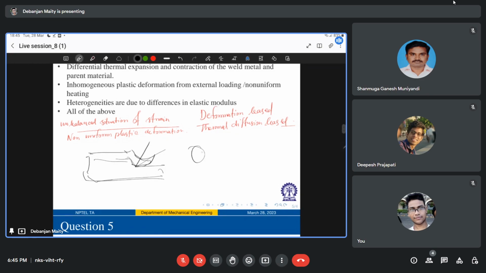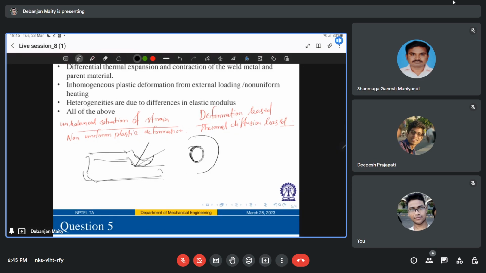So at a certain zone you are heating, surrounded by a zone where you have not heated, and you have also seen that in your fusion zone. Here you are melting, and subsequent microstructures form around this fusion zone.